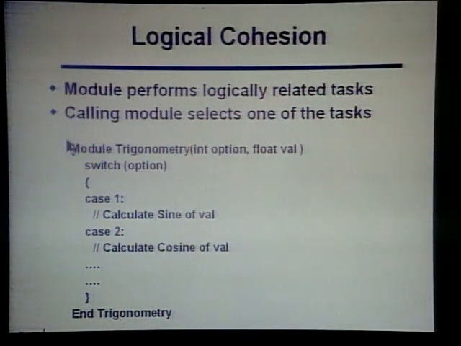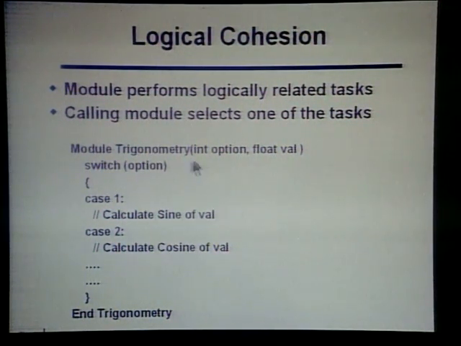One very good example of a module which has logical cohesion is our module called trigonometry. It takes two parameters, the int parameter option and a parameter val of float type. Inside the module, the code is written to calculate different trigonometric functions.